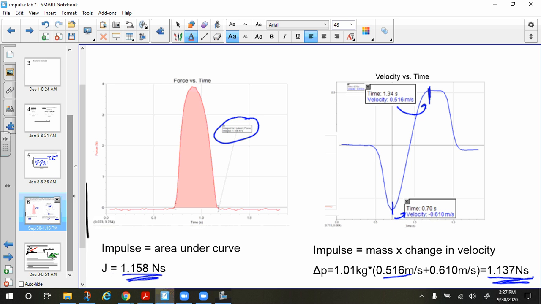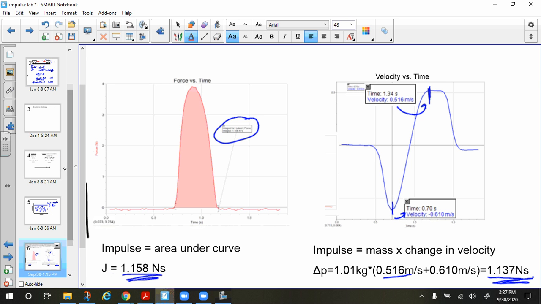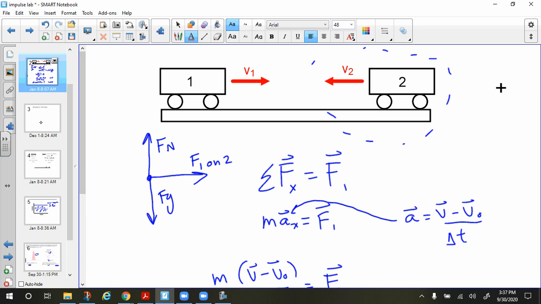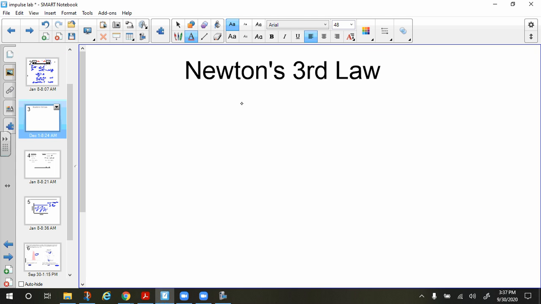Another thing that's important with this, we're going to start with Newton's third law. If we think about this collision again with the two cars, we know that the force from 1 on 2 is equal to the negative of the force from 2 on 1.